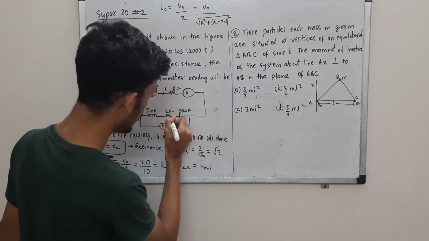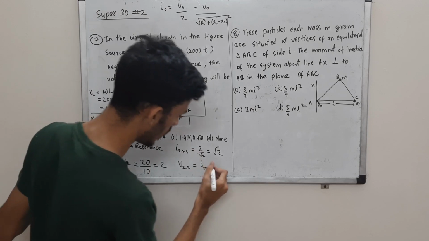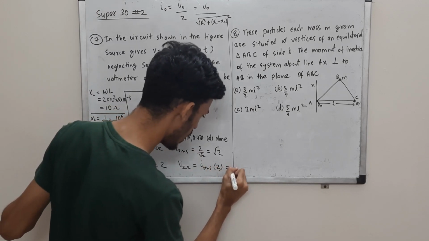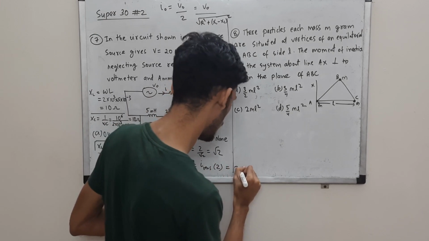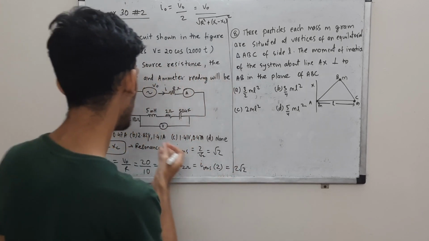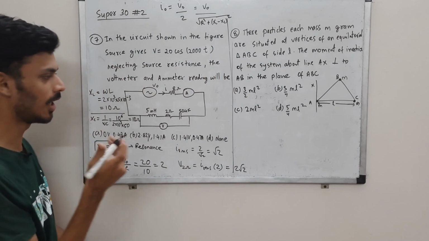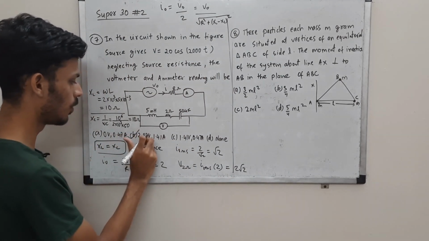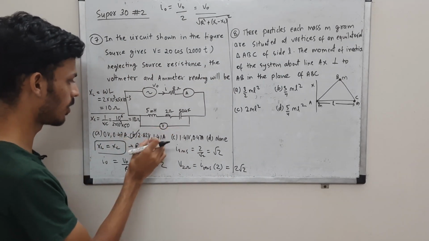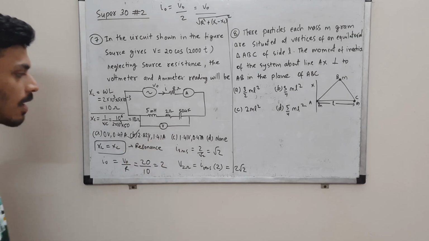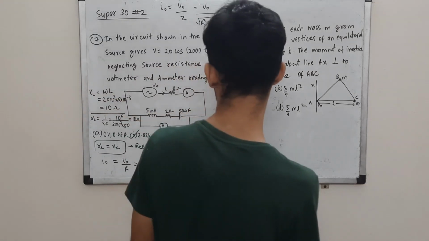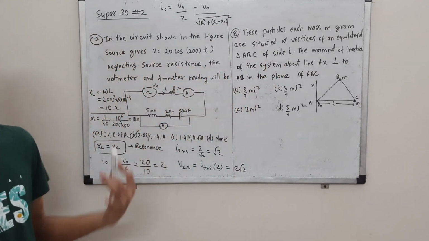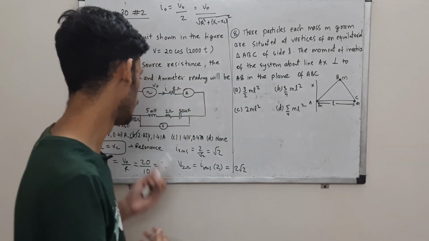So I RMS into the 2 ohm resistor. I RMS is root 2, so 2 root 2. 2 root 2 is 2 times 1.41, which is 2.82. So option B, 2.82 volts, is the voltage drop across this, and 1.41 is the current drawn from the source. Those are the values on your ammeter and voltmeter respectively.